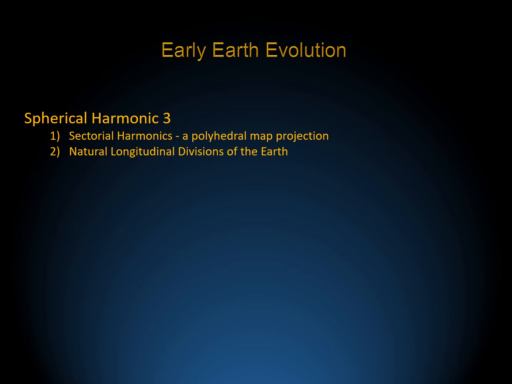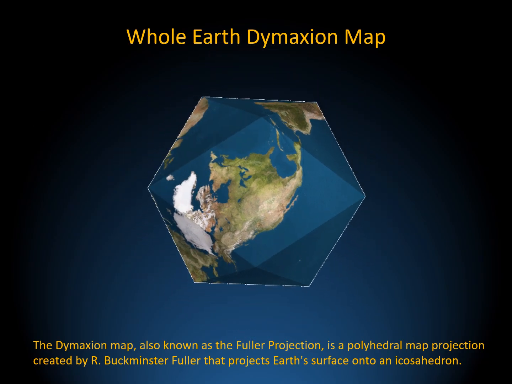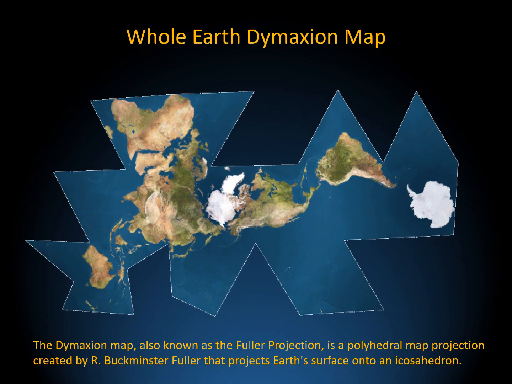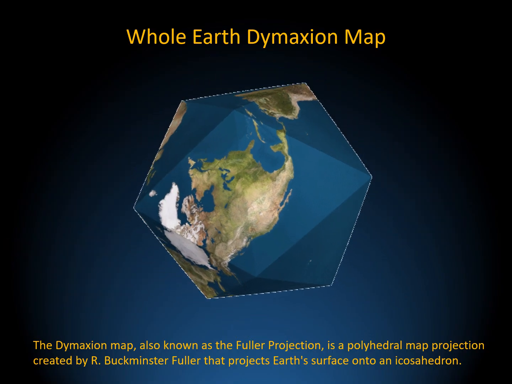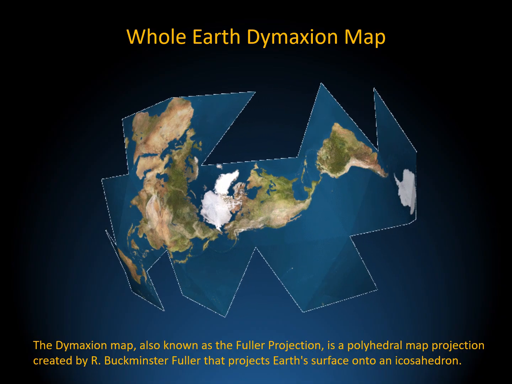The evidence for the existence of spherical harmonic 3 is the sectorial harmonics of a polyhedral map projection and the natural longitudinal division of the Earth. The Dymaxion map, also known as a Fuller projection, is a polyhedral map projection created by R. Buckminster Fuller that projects Earth's surface onto an icosahedron.